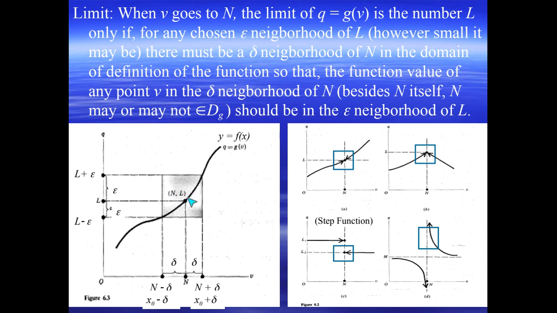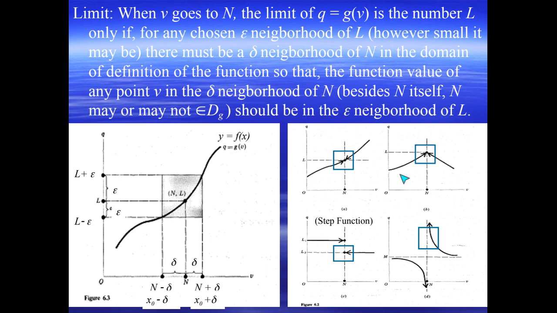If this is true always, then we say that the limit of this function y equals f(x), when x goes to N, is the value L. L is the limit of the function when x goes to N.